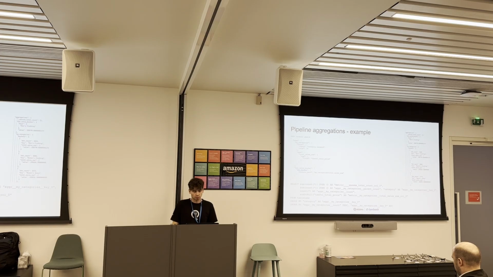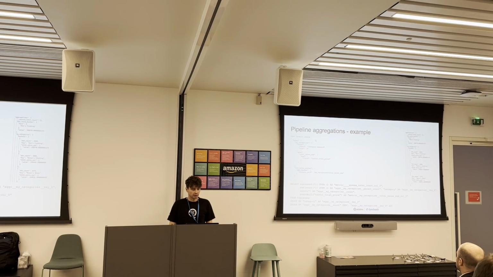I don't want to get deep into pipeline aggregations because these tend to be really complex, but just to give you an idea of what is possible. What we are interested in here is figuring out which category of product has the largest revenue, so to speak.